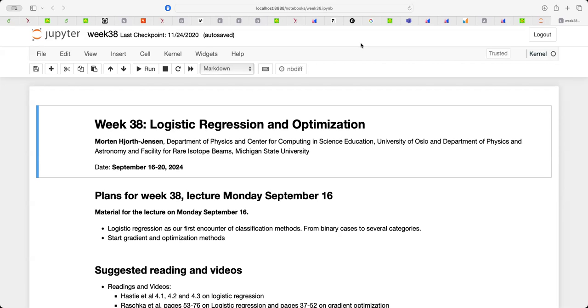Now, logistic regression is also an example which we will use as a stepping stone towards the next topic, which is neural networks and deep learning. One of the reasons for that is that now we are not going to have analytical expressions for the unknown parameters beta.